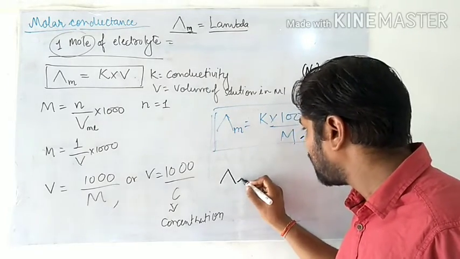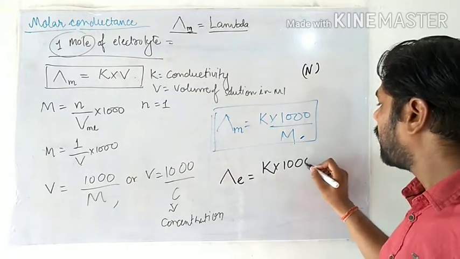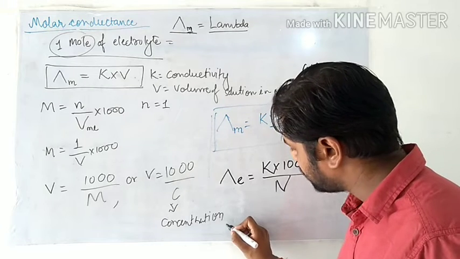The symbol is lambda E is equal to kappa into 1000 upon N, where N is normality.